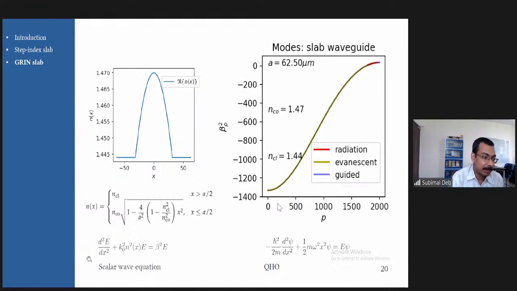To do that, if you compare the scalar wave equation with the equation of the quantum harmonic oscillator, you see that there is a parallel, and one can use the solutions of the quantum harmonic oscillator to find solutions for the scalar wave equation in this case.